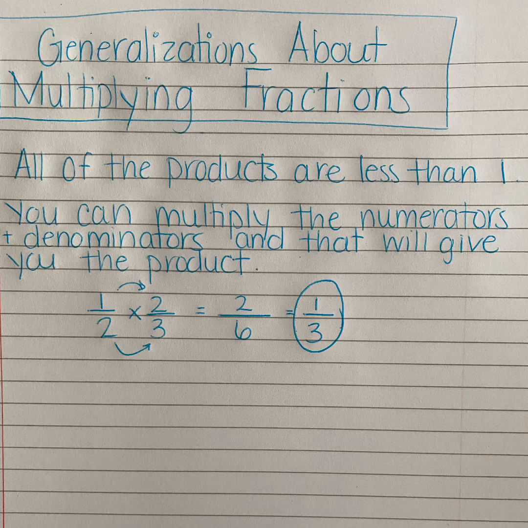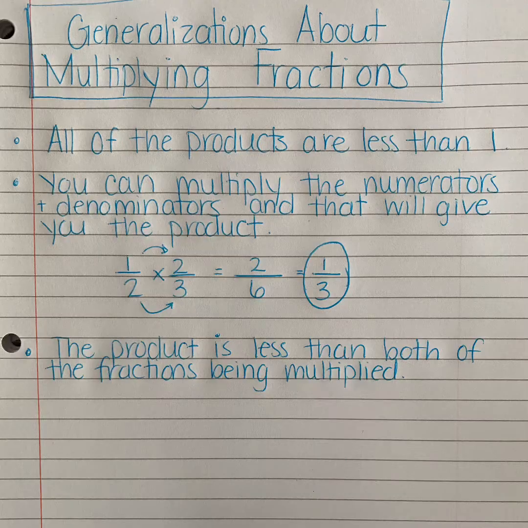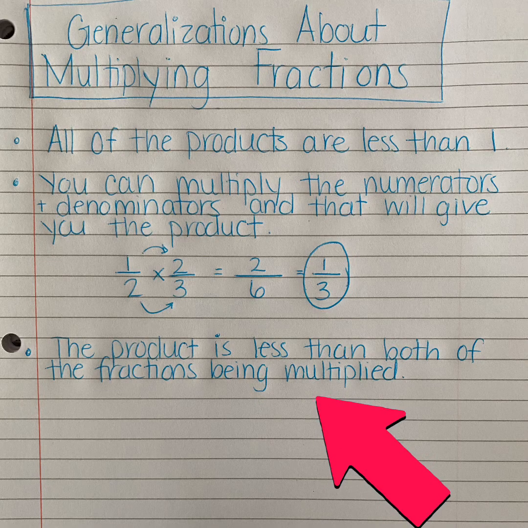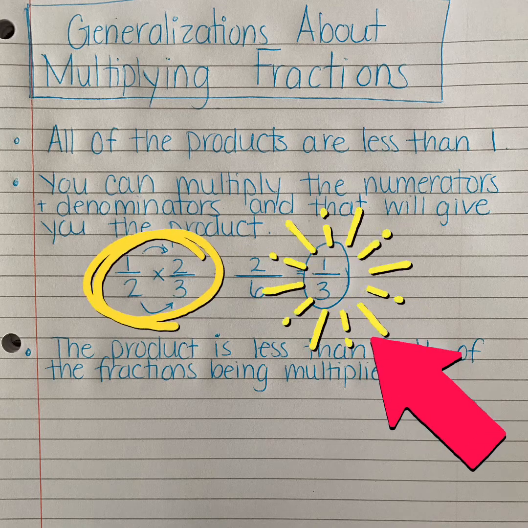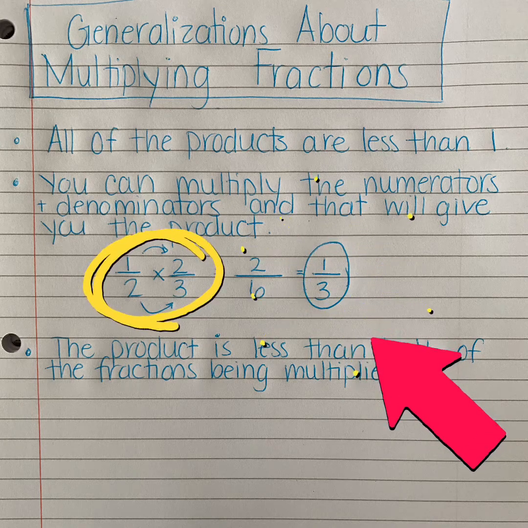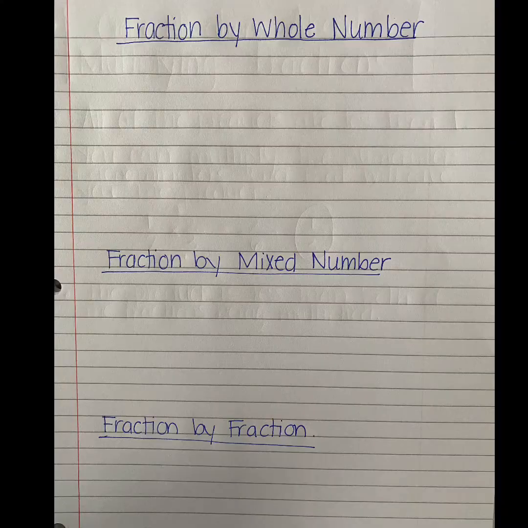So, all in all, we figured out that making generalizations about multiplying fractions, the products are less than 1, and then you can multiply the numerators and denominators, and that gives you the product. And finally, the product is less than both of the fractions being multiplied. Notice here, 1/2 is greater than 1/3, and 2/3 is greater than 1/3.